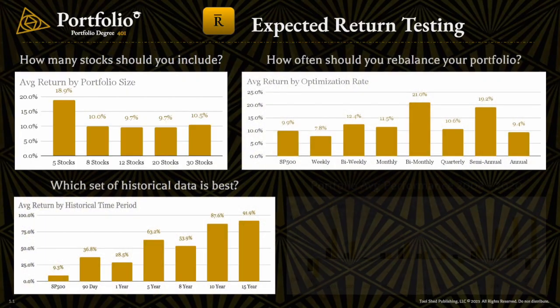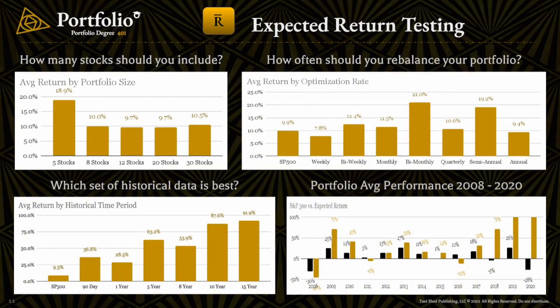Starting with expected return. In the upper left corner, we have the first question that we tested: how many stocks should you include in your portfolio? You can see for expected return that actually having fewer stocks in your portfolio performs the best, although it doesn't really look like there's a bad option here since all of the portfolios perform well.